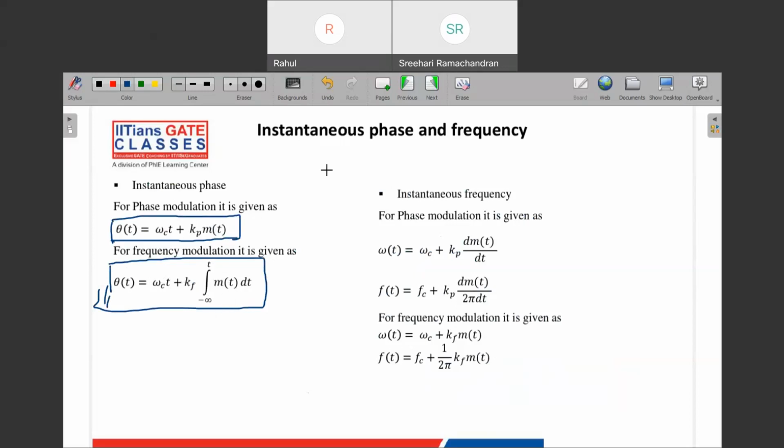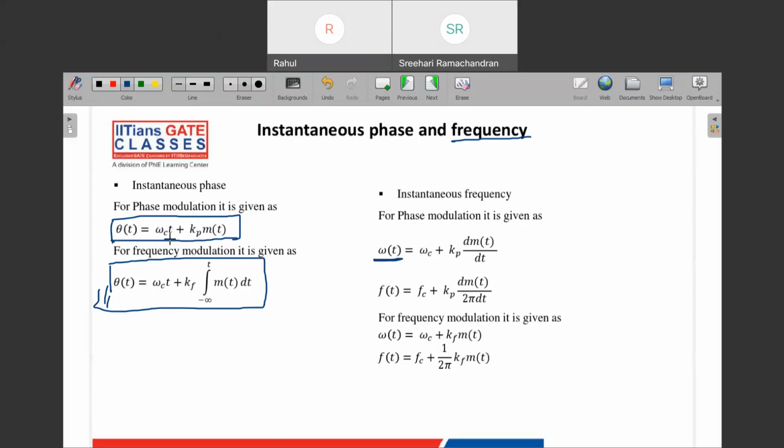Now, when it comes to instantaneous frequency, we know that the frequency is equal to the derivative of the phase. So in the case of phase modulation, you just take this phase and do the derivative with respect to t.